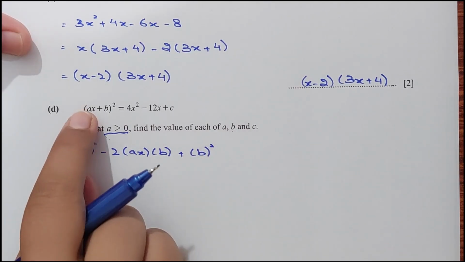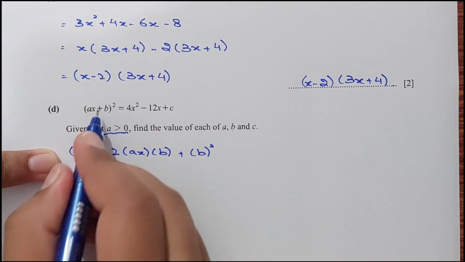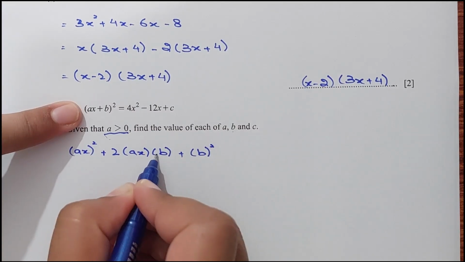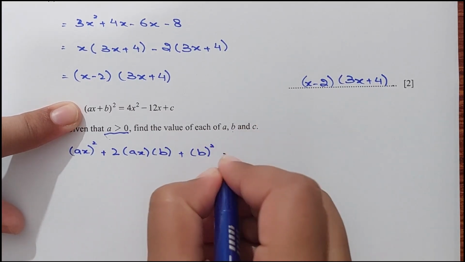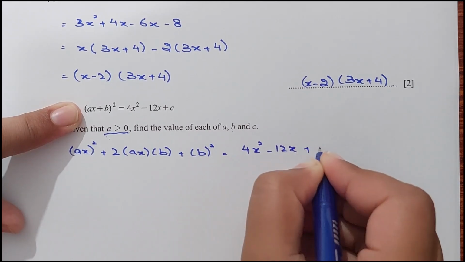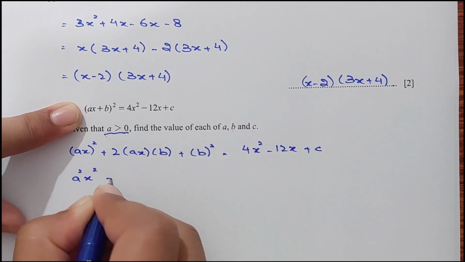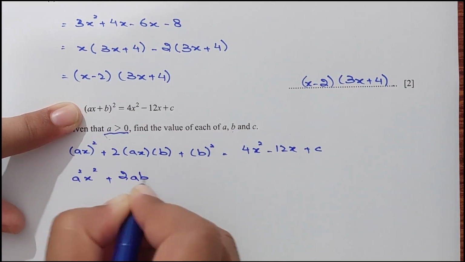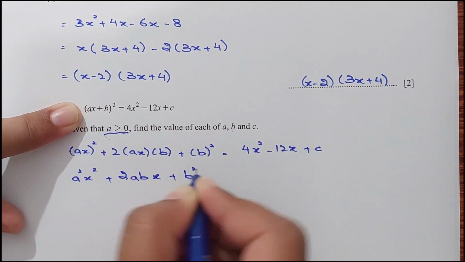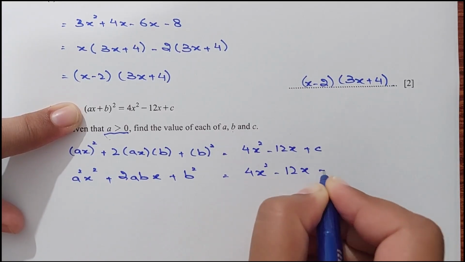Opening the ax plus b whole square: the first term squared, so it's positive, plus 2 times the first term and the second term, and the second term squared. This should be equal to 4x square minus 12x plus c. So this is a square x square plus 2abx plus b square, equal to 4x square minus 12x plus c.